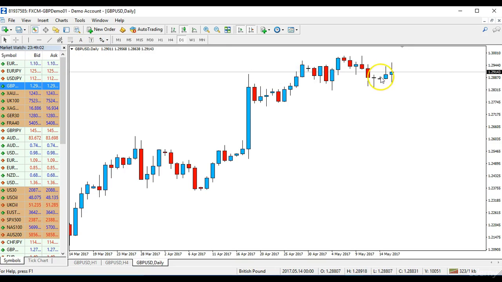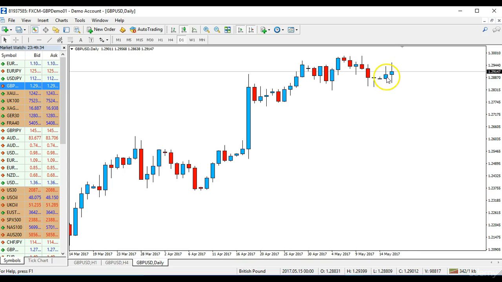If you move the mouse and touch the top of the candle here, it will give you the open, which you can see was 1.2883, the high, which was 1.2939, the low, which was 1.2880, and the close, which was 1.2901.